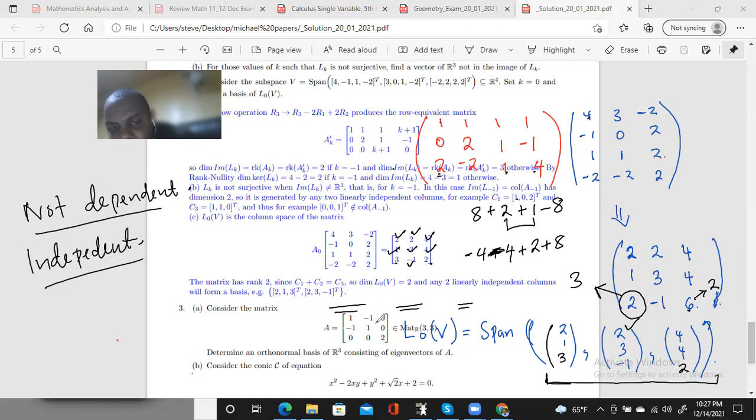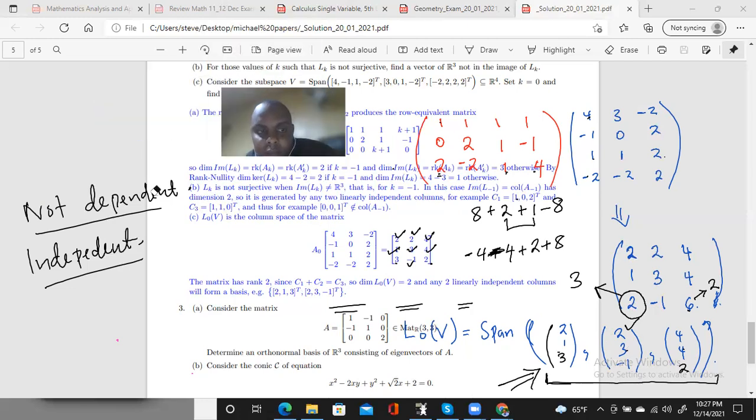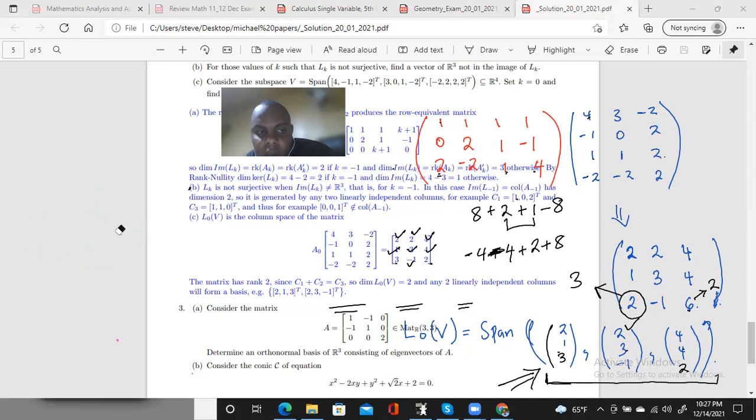So next, remember I told you to check for independence for V. So you have to check again for independence here. So we need to do again 2 alpha 1 plus 2 alpha 2 plus 4 alpha 3 equals 0. Actually, no need. Look, 2 plus 2, 4, 4, 4, right? 3 is dependent. 2 plus 2, 4, 1 plus 3, 4, 3 minus 1, 2.